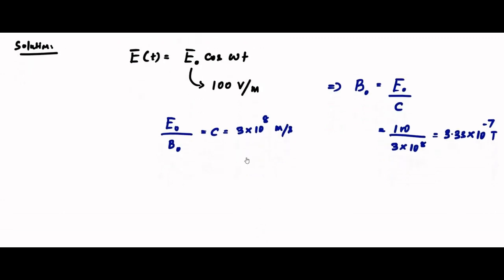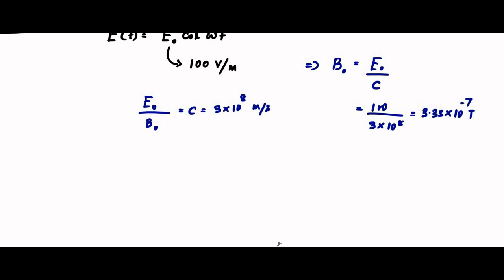Then this is the first bit. Then we have to calculate the magnetizing force or magnetic intensity, H. So here we'll be using the relationship.